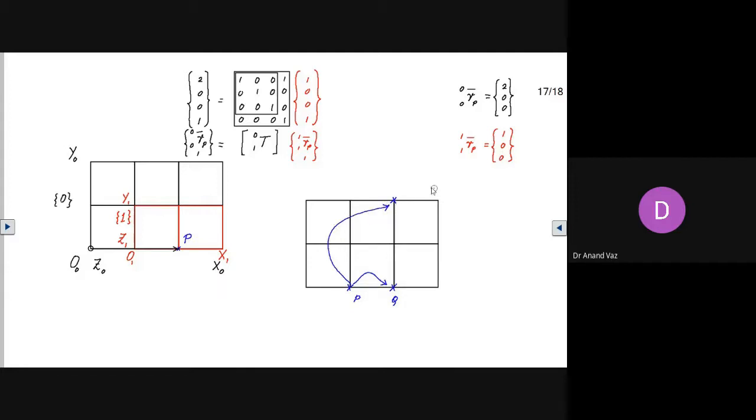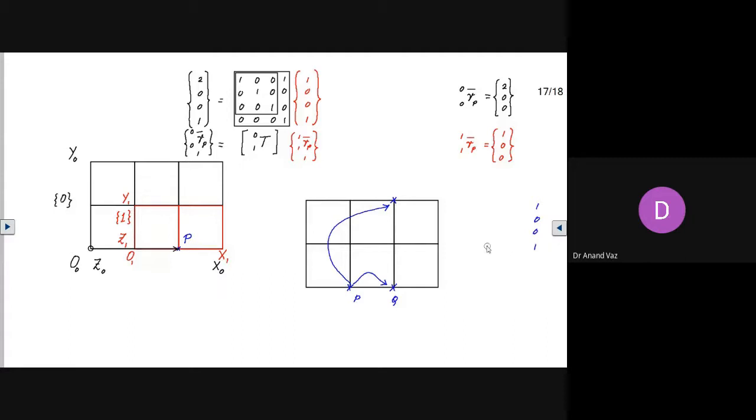So can you tell me what will be the transformation needed for this? 1 unit along the x-axis and let's say 2 units along the y-axis. P is the same. So P is 1, 0, 0, 1.